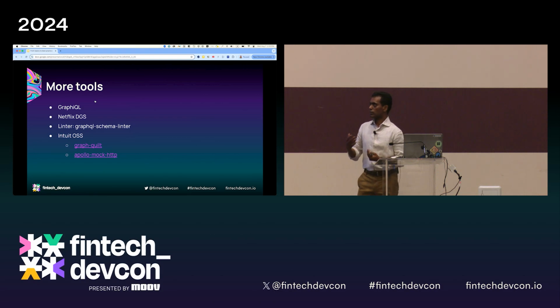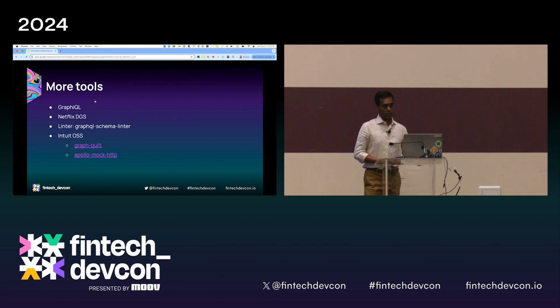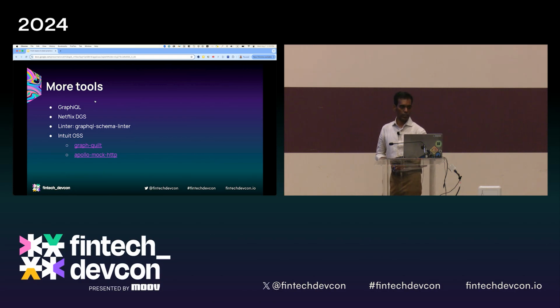We implemented it through an IDE plugin or a tool, and you can integrate it in your PR, in your Jenkins pipeline. So you can use all of this as you are developing GraphQL schema and validate the naming conventions and best practices that you have established. Intuit also has some open source libraries available specifically for GraphQL, including GraphQL quilt.